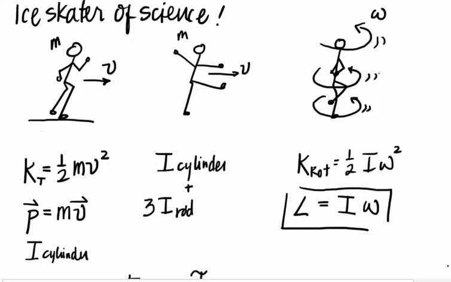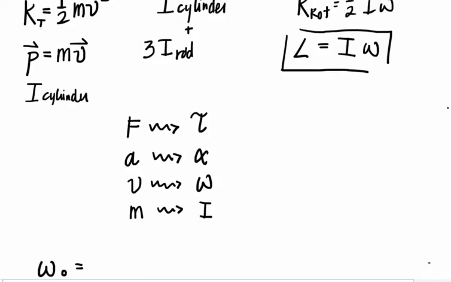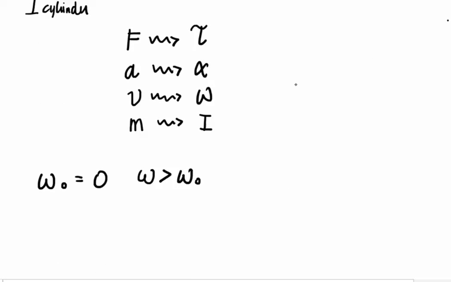So she has some sort of angular speed. If we go from having no angular speed to having an angular speed that's greater than the initial, something that's not 0, what's happened to our kinetic energy?